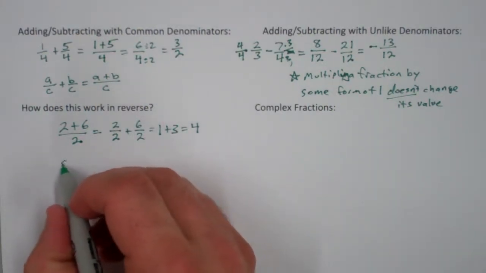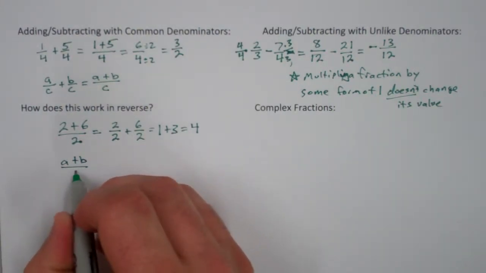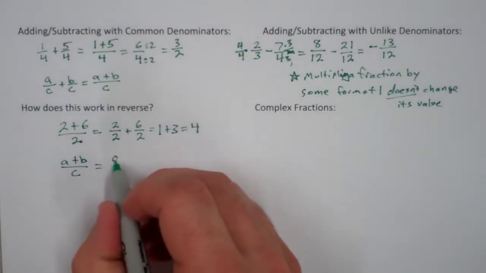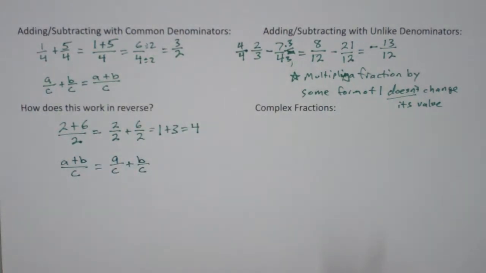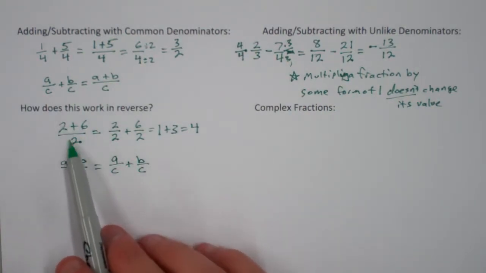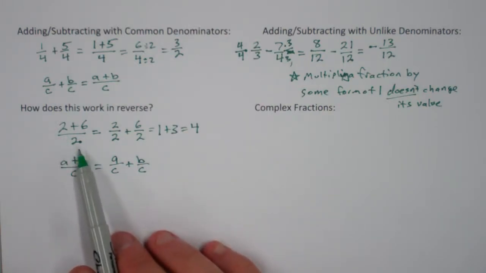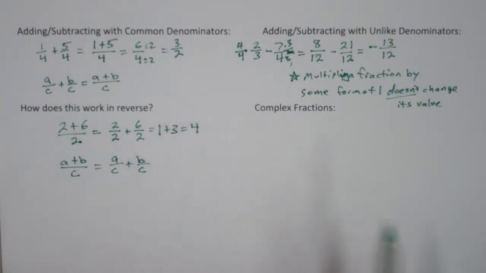If you write this out, a plus b over c is the same as a over c plus b over c, where a, b, and c are integers, and c, of course, cannot be 0, or else we have a situation that is undefined. So keep in mind, if you tried to cancel the 2's out or made them 1 and then added 6, you wouldn't have the same value as 4.